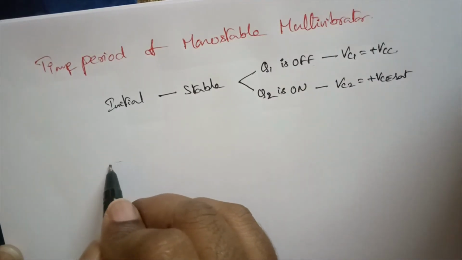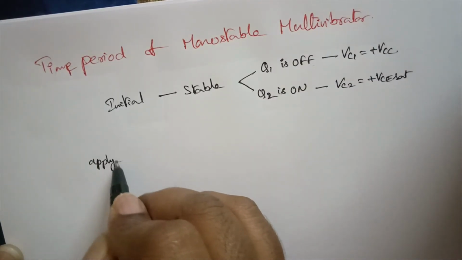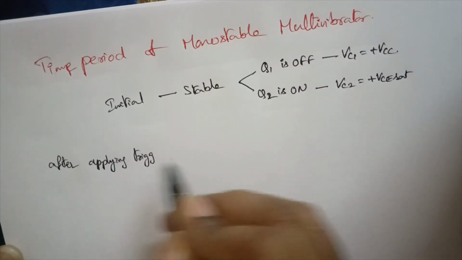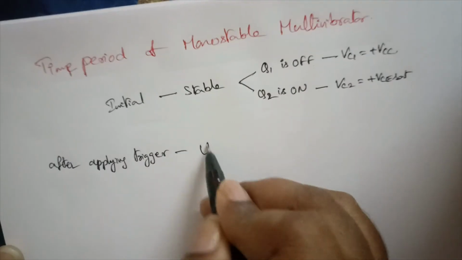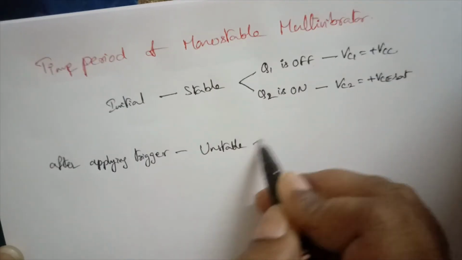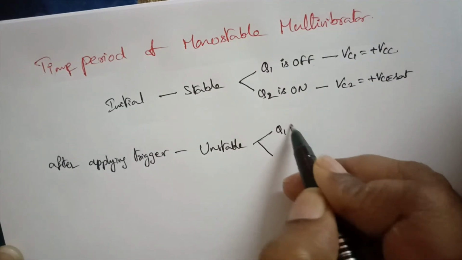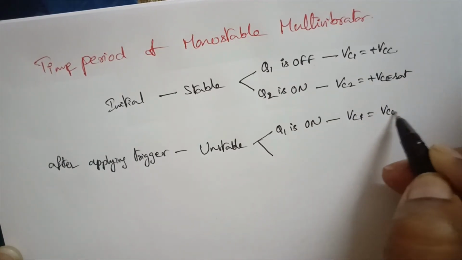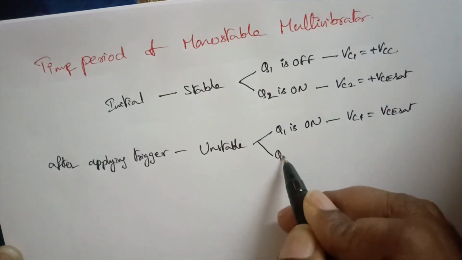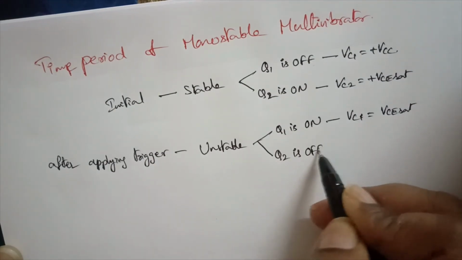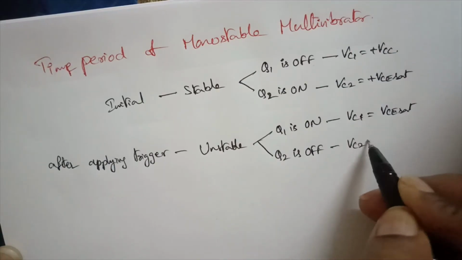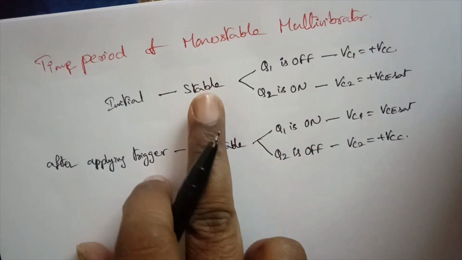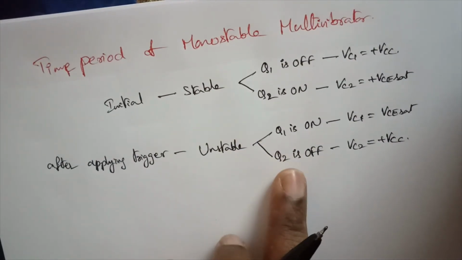Then after applying the trigger pulse, it moves to the unstable state, that means Q1 is on, so the VC1 value is VCE sat and Q2 is off, therefore the VC2 value is plus VCC. So this is what we observed from the output waveforms.